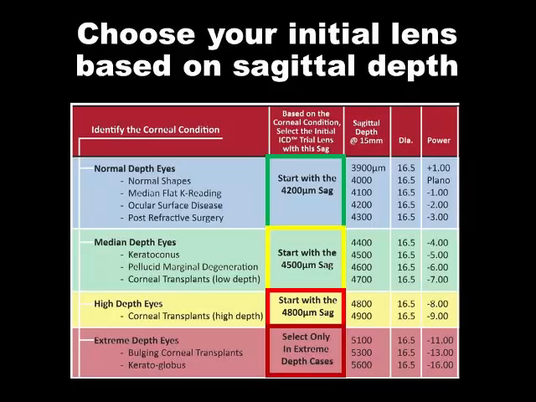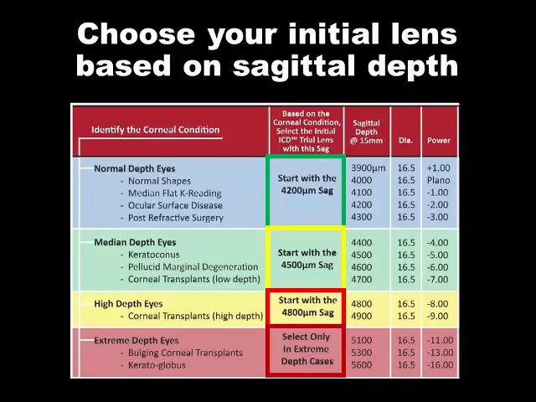Still happens today, but for the most part, we're looking for using these when we have these real bulging conditions like keratoglobus or very high transplants. Otherwise, a 42 and 45 are the two trials you're most likely to use.